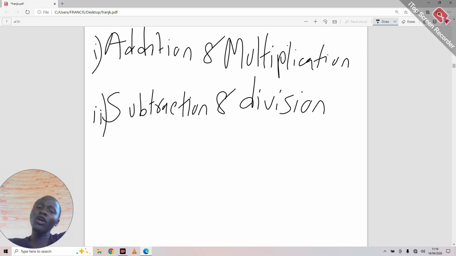The procedure of getting absolute error in addition and multiplication will differ from the process I will use to get the absolute error when it comes to subtraction and division. Those processes will differ. They are different.